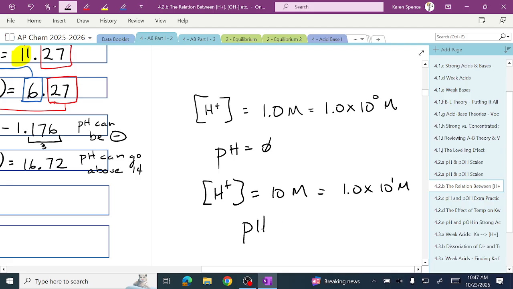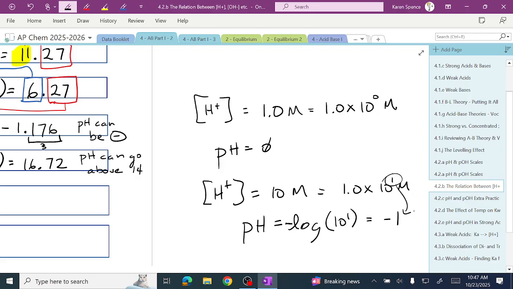My pH is the negative of the log of 10 to the 1, so that's going to be negative 1. Yes? So if you have a positive exponent here, that becomes a negative pH. Yeah? Totally fine. It just doesn't crop up a lot.